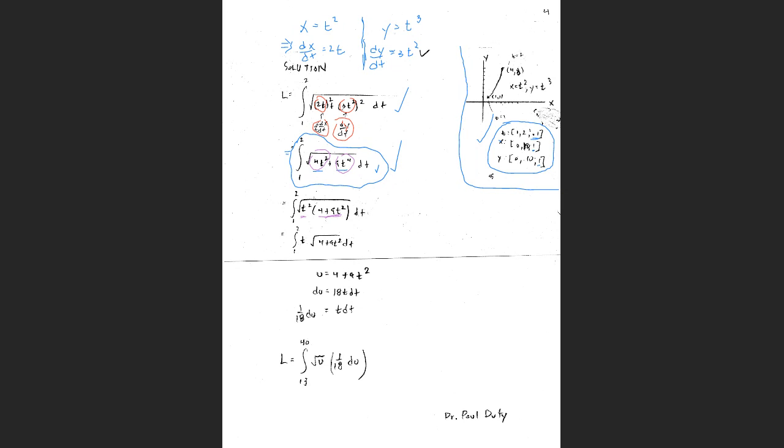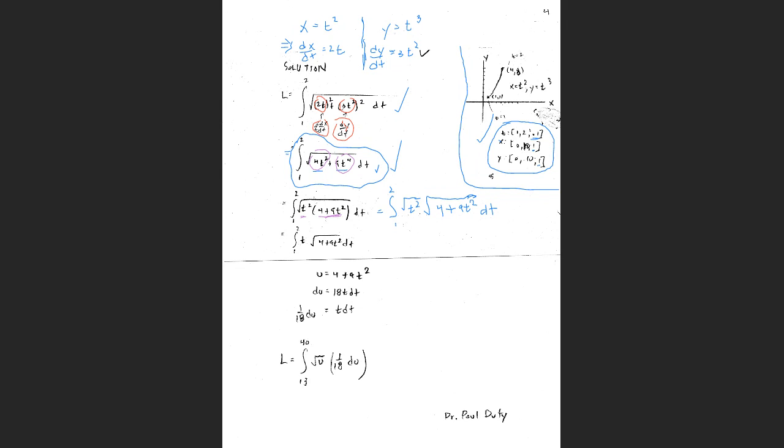Now, this integral here, if I put in an additional step, would be the integral from 1 to 2 of the square root of t squared times the square root of 4 plus 9t squared dt.